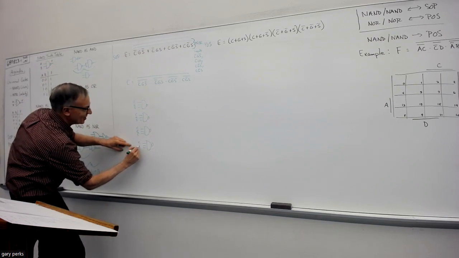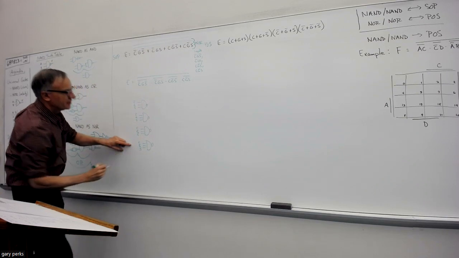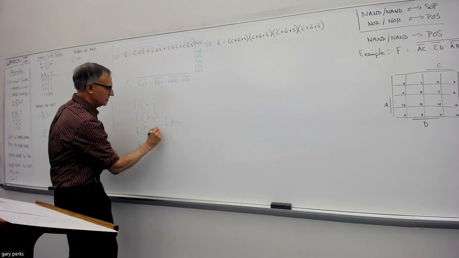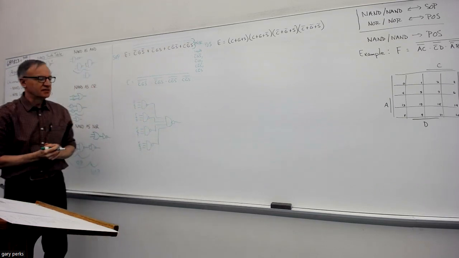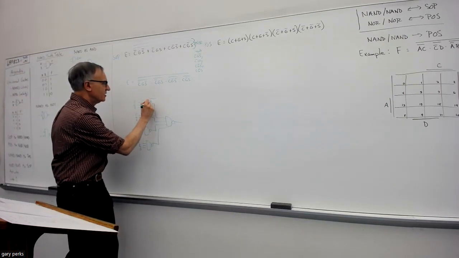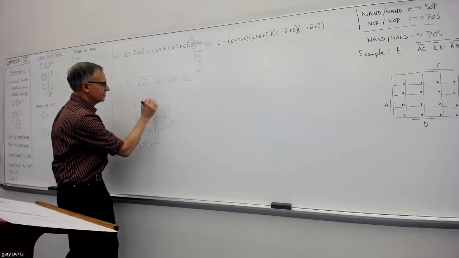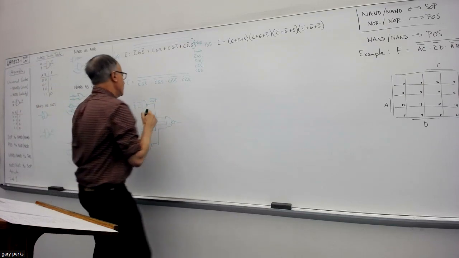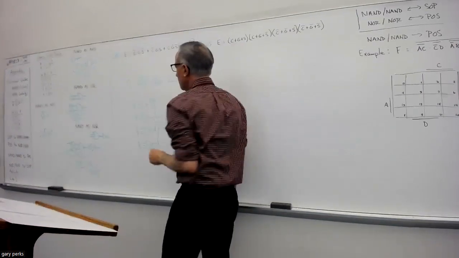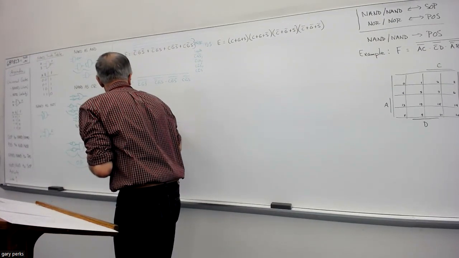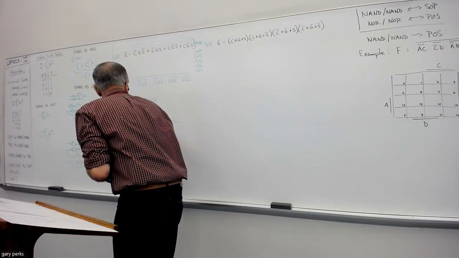This is C. Sometimes I forget a not. Okay, and then you have another NAND gate that all these outputs go into. The output of that NAND gate would be these inputs all ANDed together, then inverted. And same sort of thing here. And same thing here.